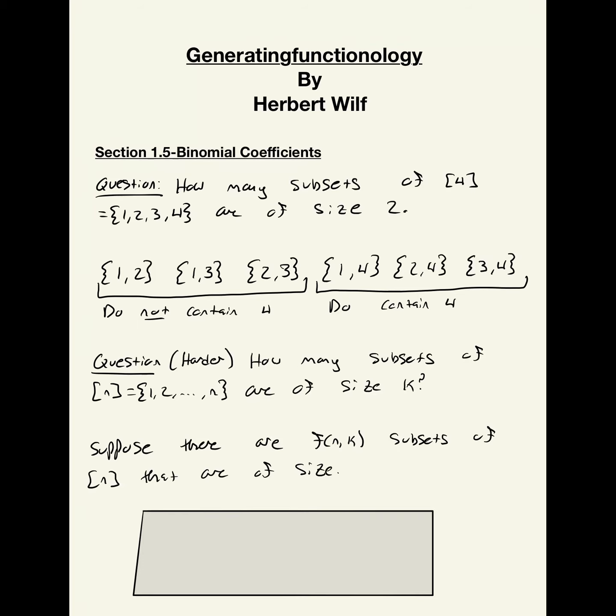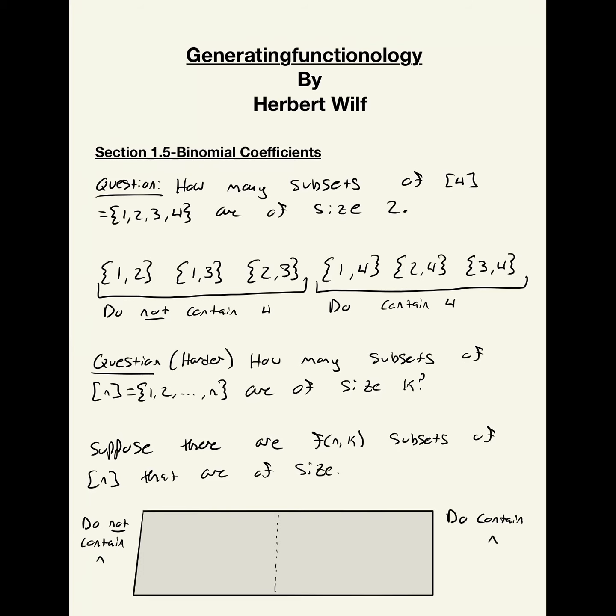I'm going to bisect this box and say on the left-hand side, we're going to put all of the subsets, just like we did above, that do not contain the last element. So over here, these do not contain n, and on the right-hand side, they do contain n.